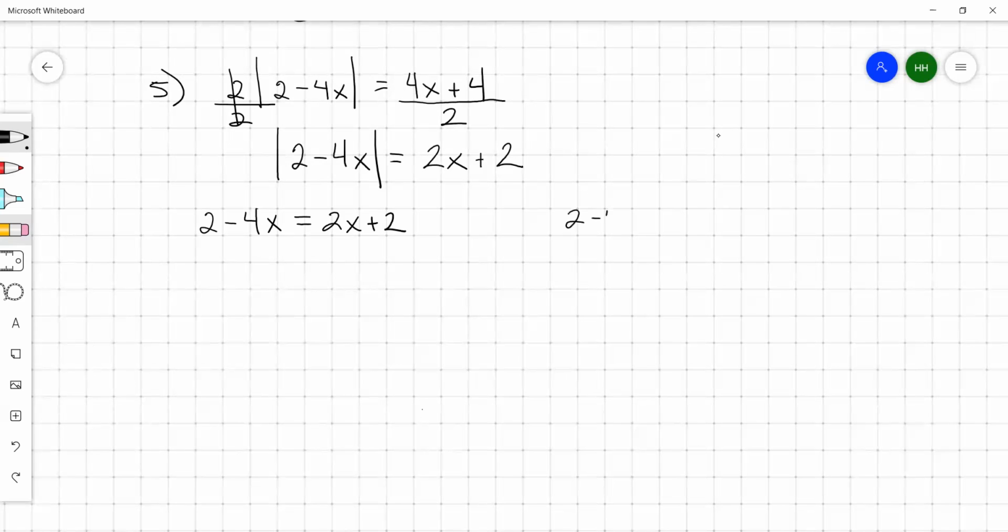So you get 2 minus 4x is equal to negative 2x minus 2. You turn everything on the right-hand side negative or opposite. If it's already negative, you make it positive. If it's positive, you make it negative.